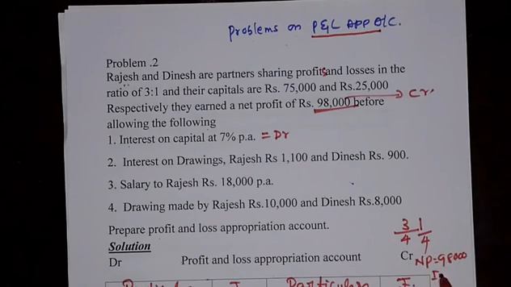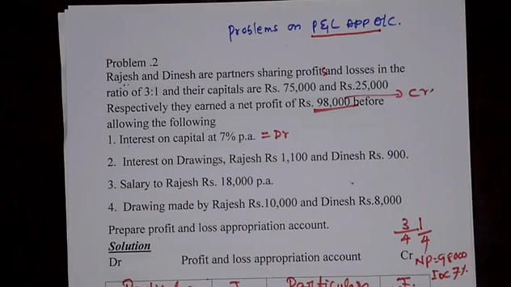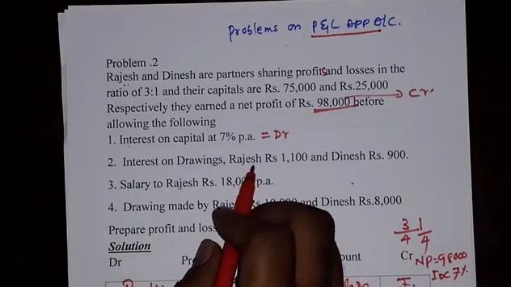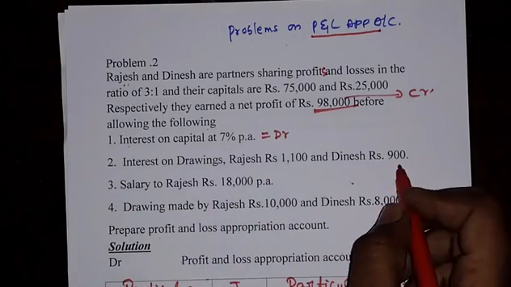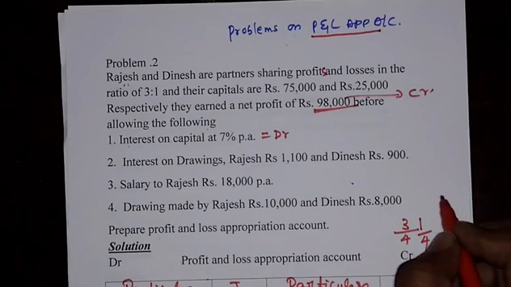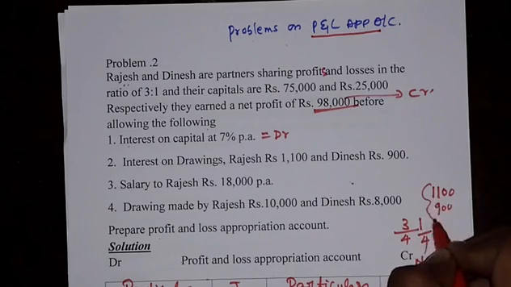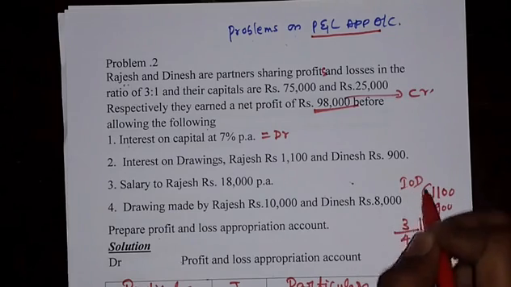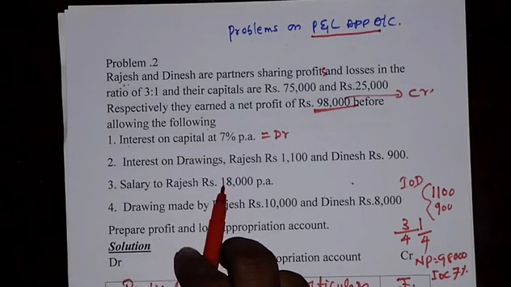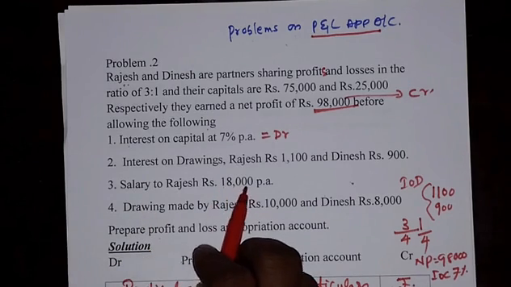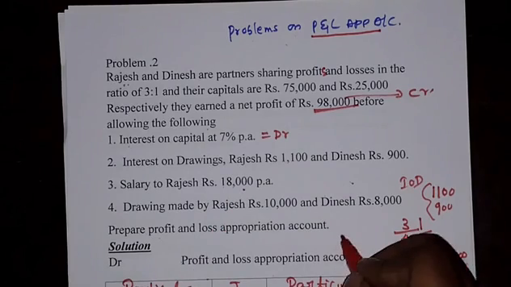Next, interest on capital is 7%. Next, interest on drawings. Rajesh rupees 1,100 and Dinesh 900. These two things are IOD, interest on drawings. Salary to Rajesh rupees 18,000 per annum.